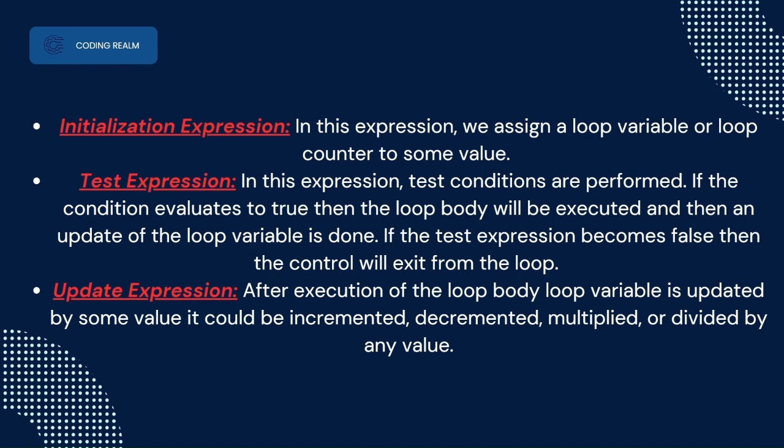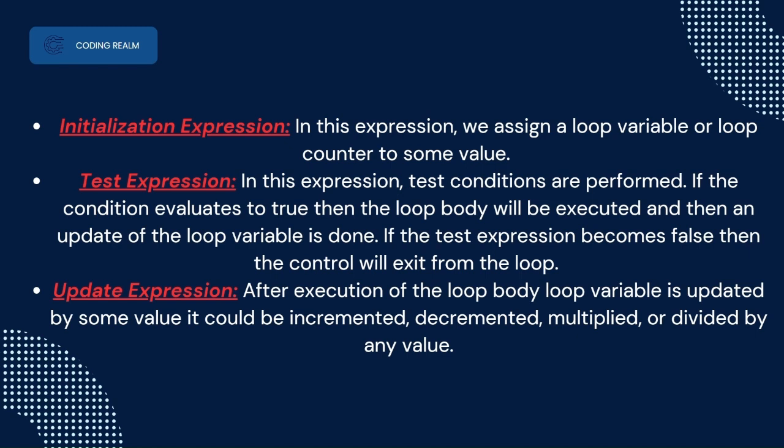If the condition evaluates to true, then the loop body will be executed and then an update of the loop variable is done. If the test expression becomes false, then the control will exit from the loop. For example, the test expression i is less than 5.